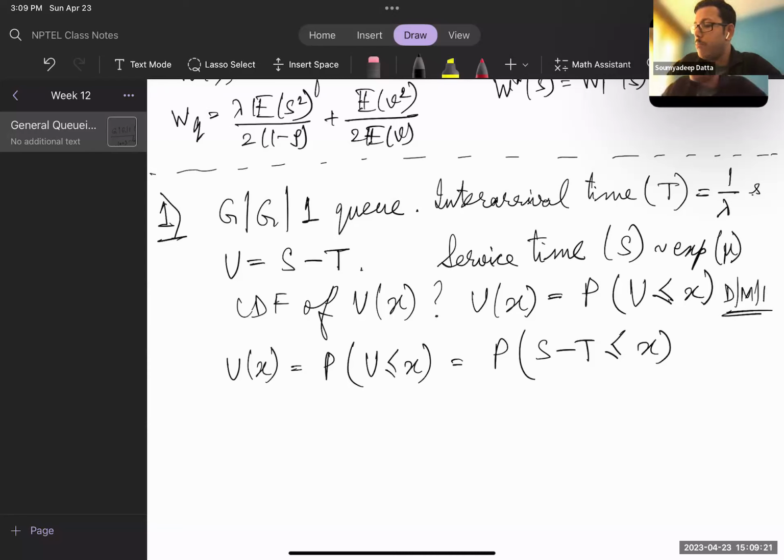Because your arrival process is deterministic and the service process is exponential. So that's the example we are taking. So the inter-arrival time is 1 by lambda. So this can be written as S less than or equal to 1 by lambda plus X, right? Because T is equal to 1 by lambda. Something like that.